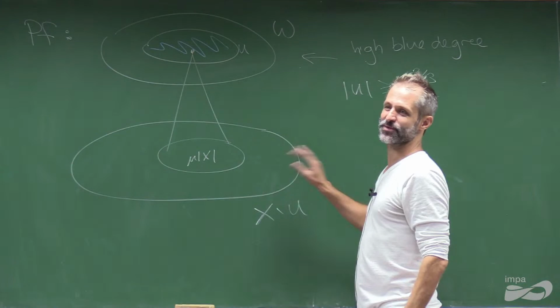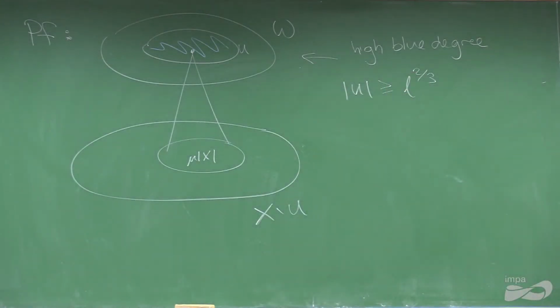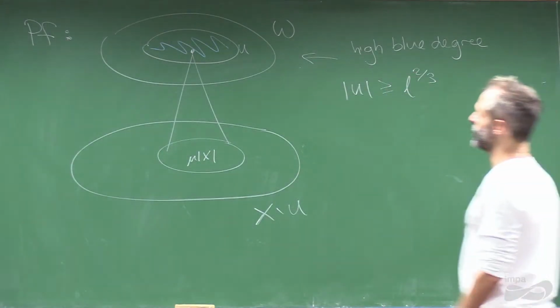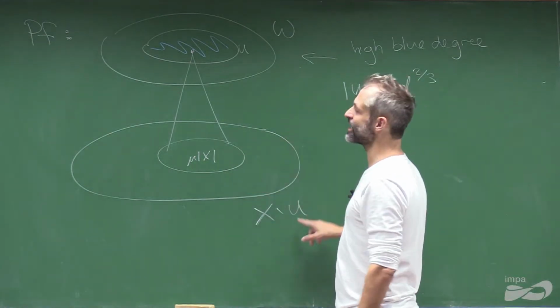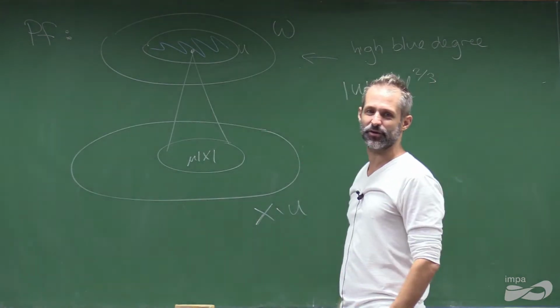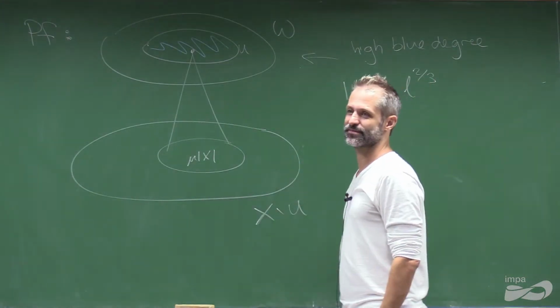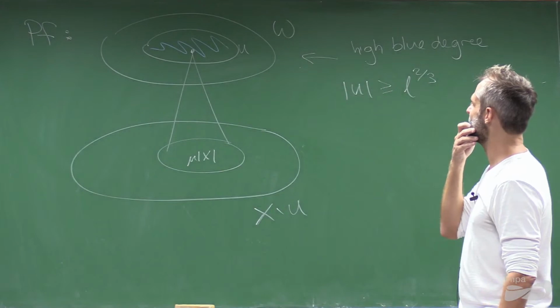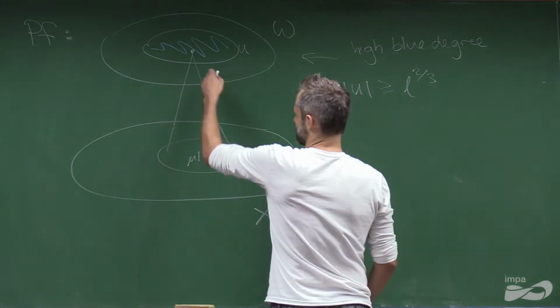I've drawn it twice, but you can perhaps forgive me. Everyone in U has this many, and U is tiny compared to X. X is like Ramsey(k, L^(3/4)), and U is nothing.